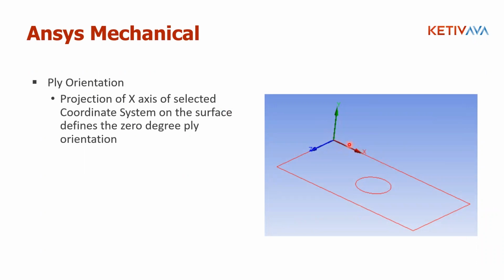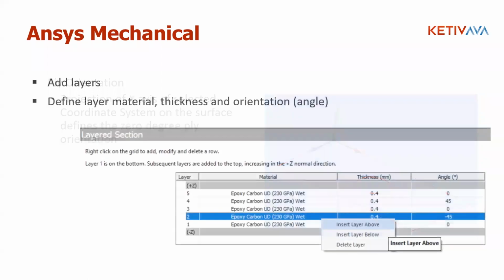It will project the x-axis of this local coordinate system onto your element. Okay, that is going to be element by element, and that projection becomes the 0 degree orientation for your ply. And then when you specify the worksheet option, this form comes up. You will insert your layers, select the material, define the thickness, and define the angle.